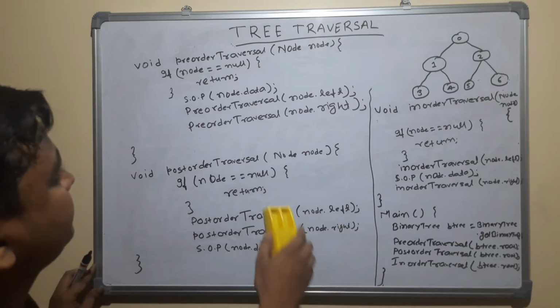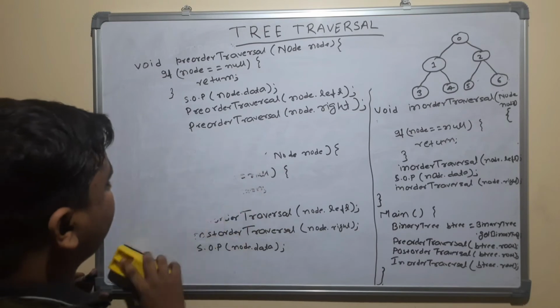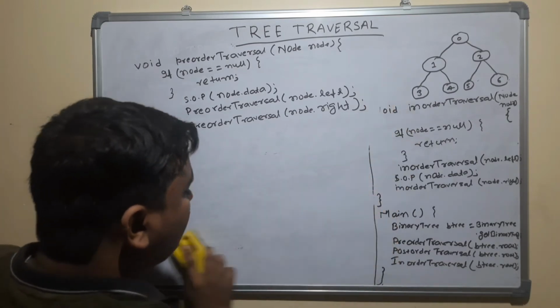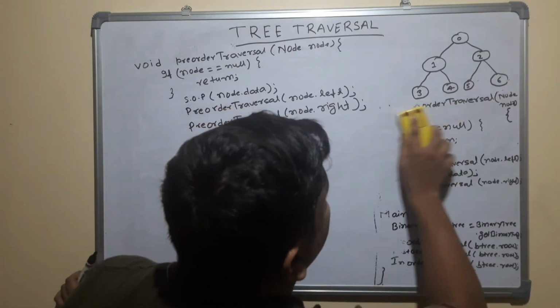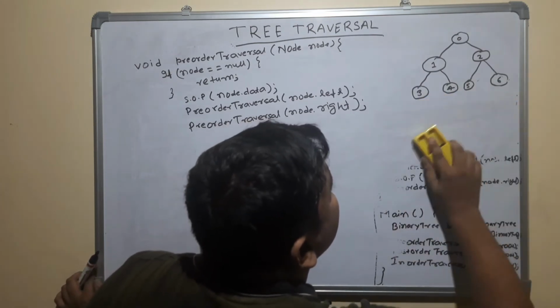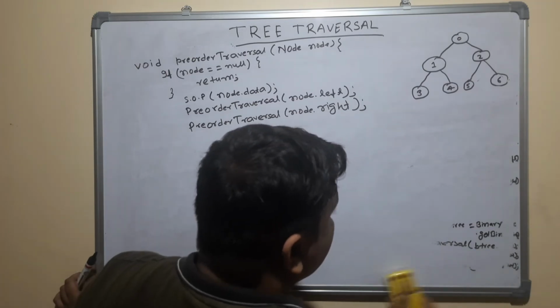But first we understand how recursion will print, how recursion will call, and what happens when the base condition is reached. We discuss all these things.